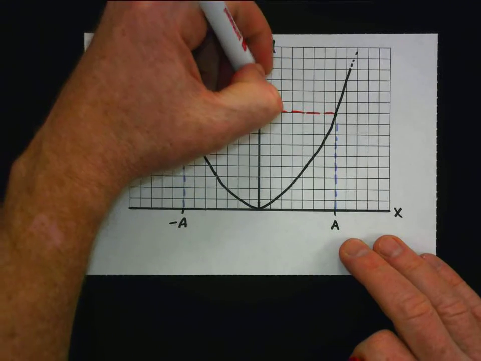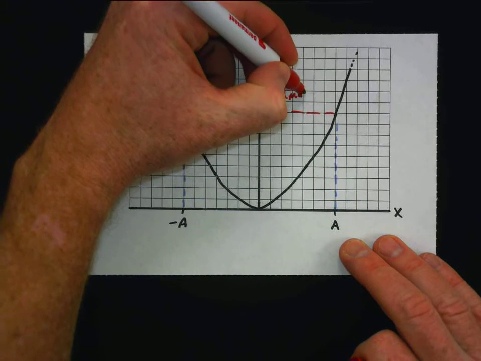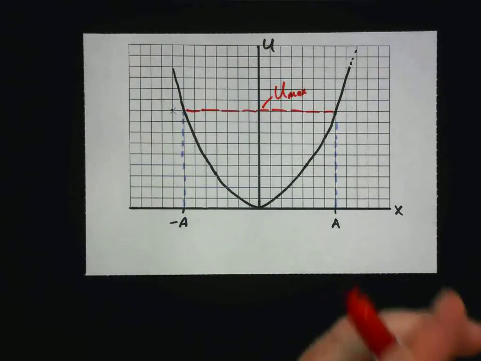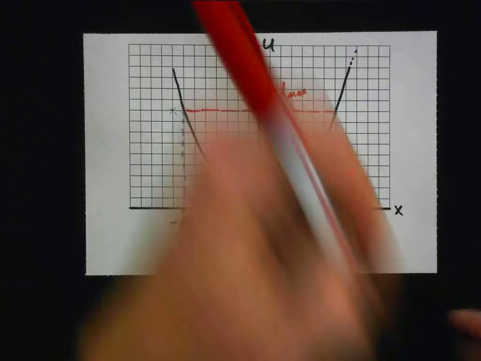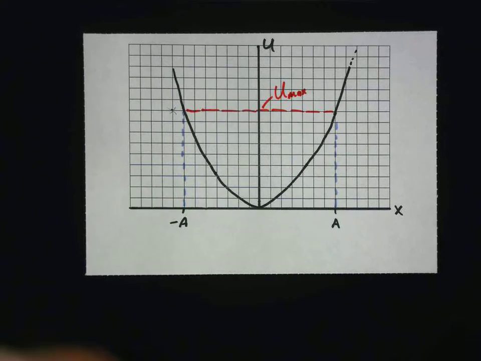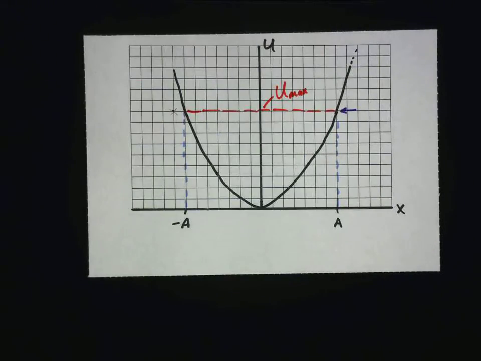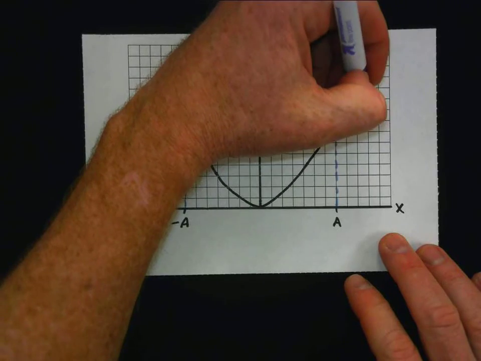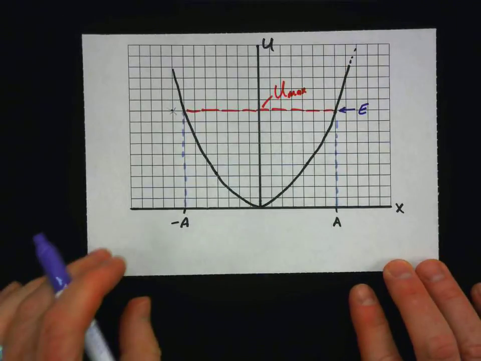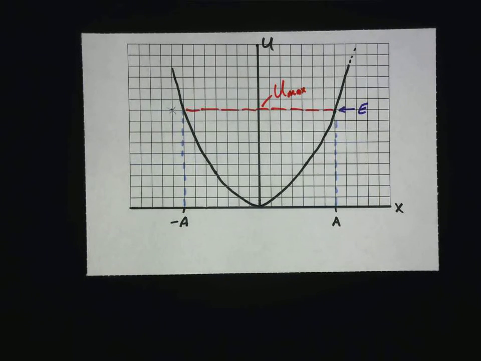So that would be U max for the mass on the spring. And there's more to it though. So what we know, you ought to be able to recognize that right here, this also is the maximum total, or not the maximum, but the total amount of mechanical energy that we see in this system.